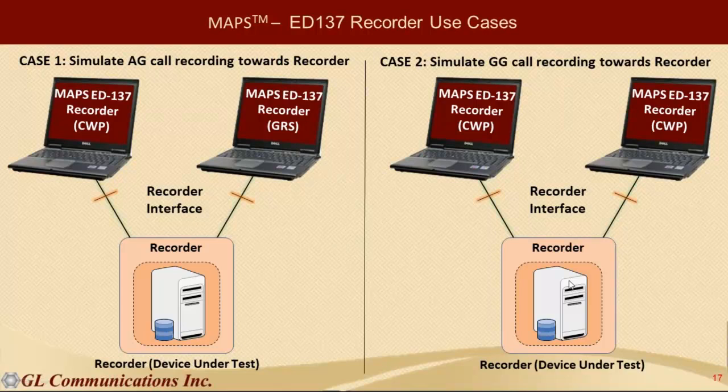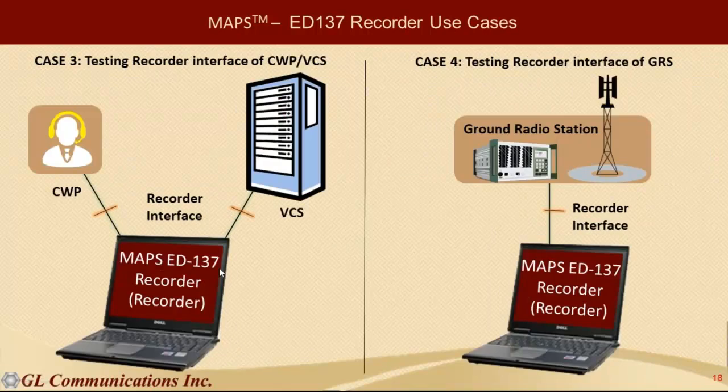And in the next slide, this is for the CWP and VCS vendors, who want to test their recorder interface within their entity. So we can simulate the recorder to test their recorder interface. Similarly, the GRS vendors can also use it in the same fashion.